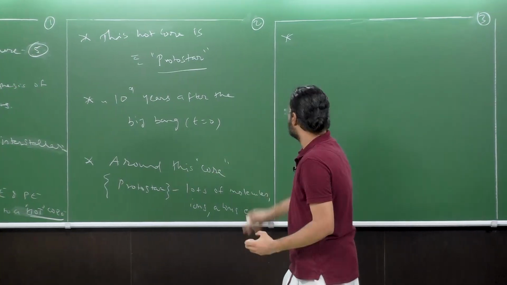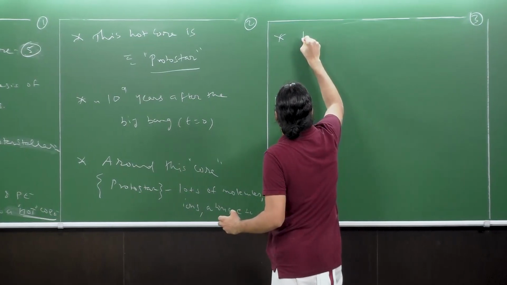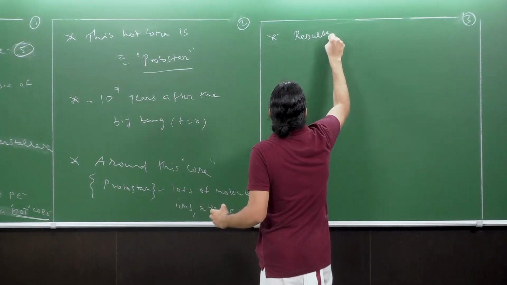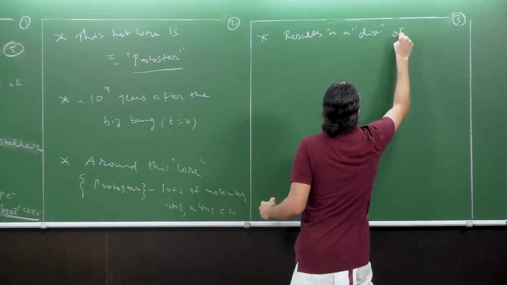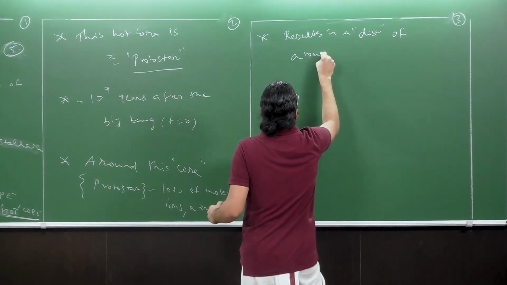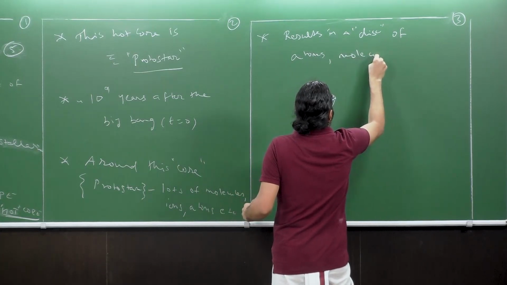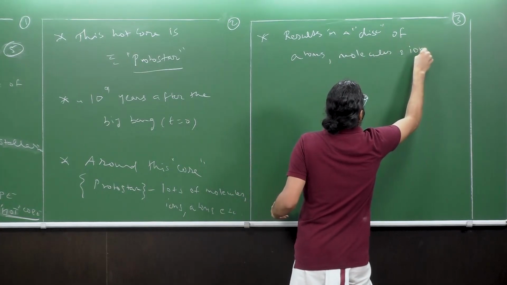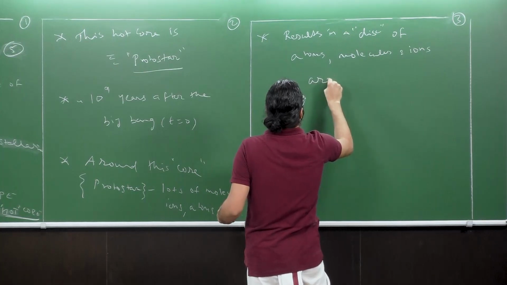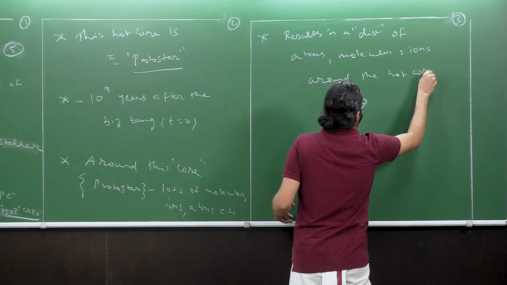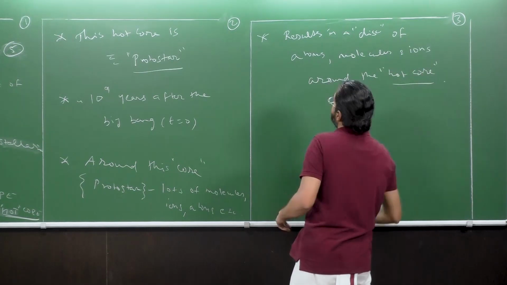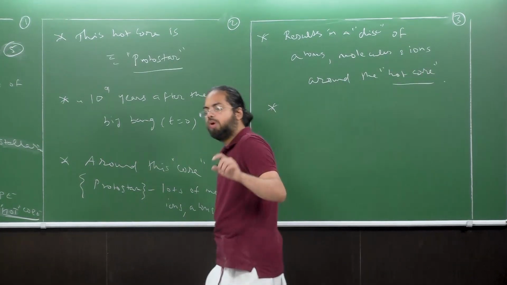So this results in a disk of atoms, molecules, and ions around the hot core. All right. So what's our understanding so far?